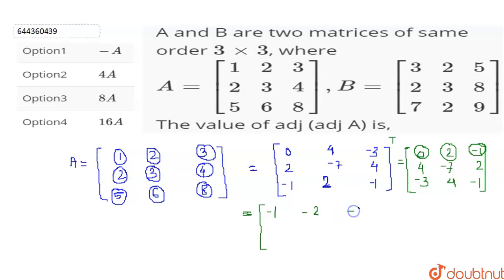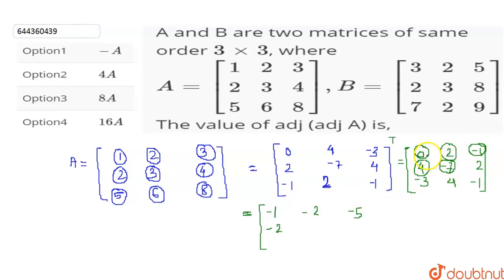Right, now we have to find the value for this entry, so this becomes 2 into minus 1 minus 4 into minus 1, so that becomes minus 2 plus 4, that gives us plus 2, and a sign change is also there, so that becomes minus 2. Now we have to find the value for this one.